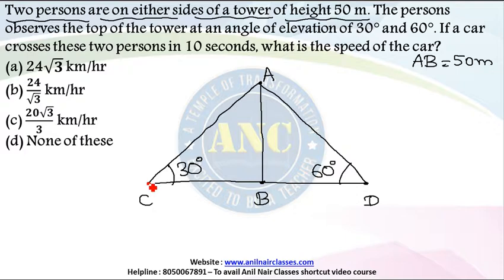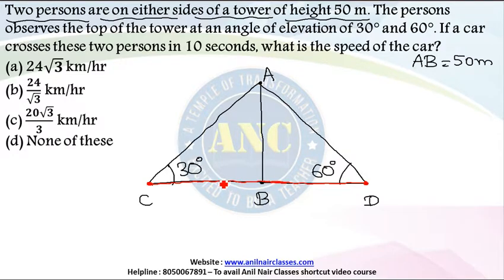First person is person C, second person is person D. That means the car is passing both persons, so it should pass through point C and point D. That means the car is traveling from C to D, passing person C and also crossing person D. That is the meaning of it.